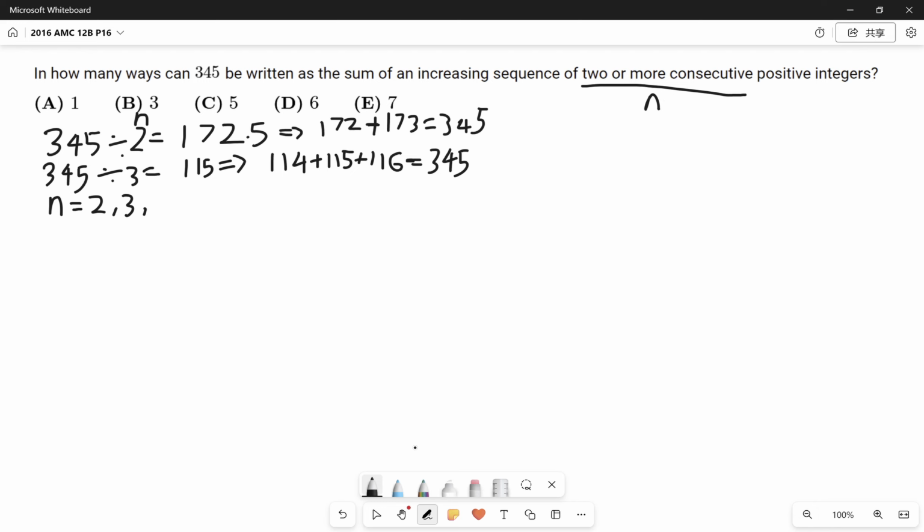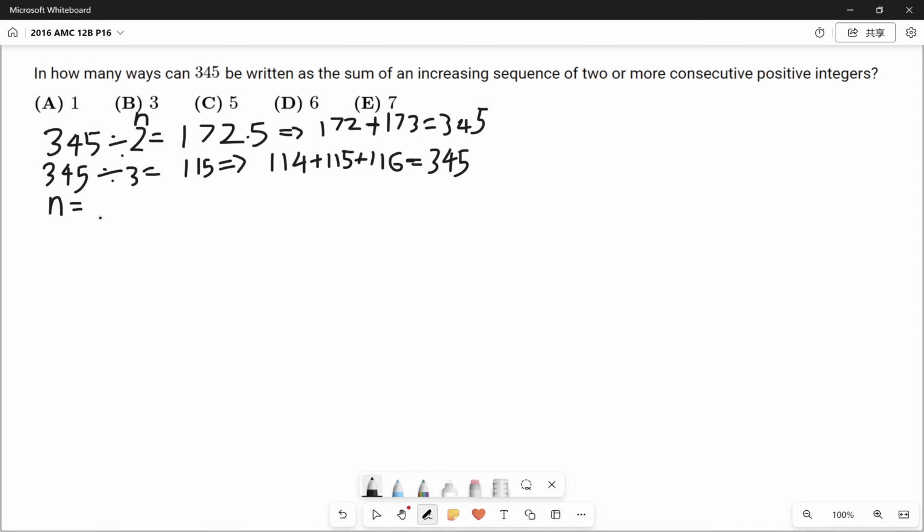So we want the divisors of 345 and 2 times those. So what are the divisors of 345 firstly? Let me just write them out. Simple, right? So 1, 3, 5, let's see, 9, well, 15 works.